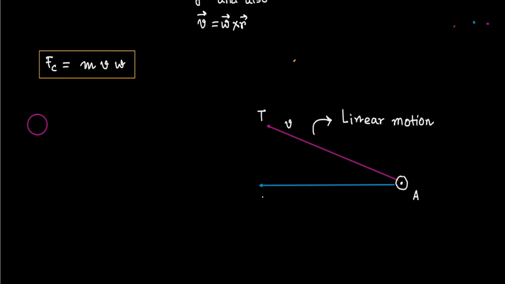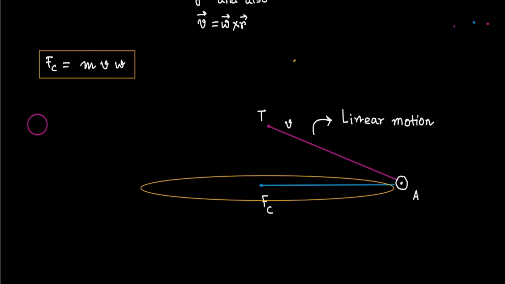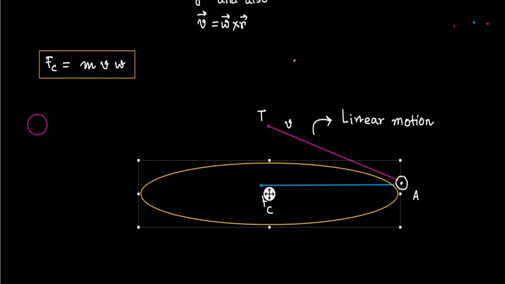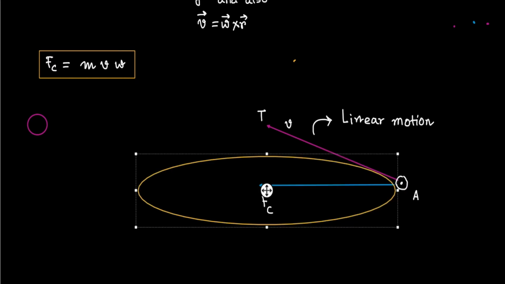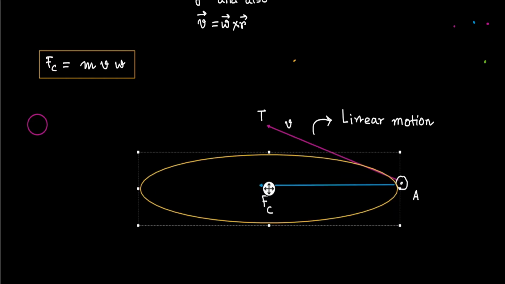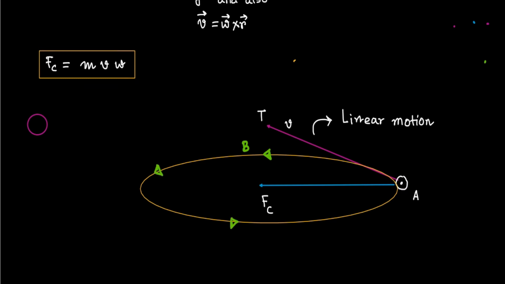If an external force, that is centripetal force Fc, is acted on the body along AO, radially inwards, in that case the body will be moving along the curved path AB. That means resultant motion of the body will be along the curved path AB, and the body will rotate in anti-clockwise direction in this circular orbit.